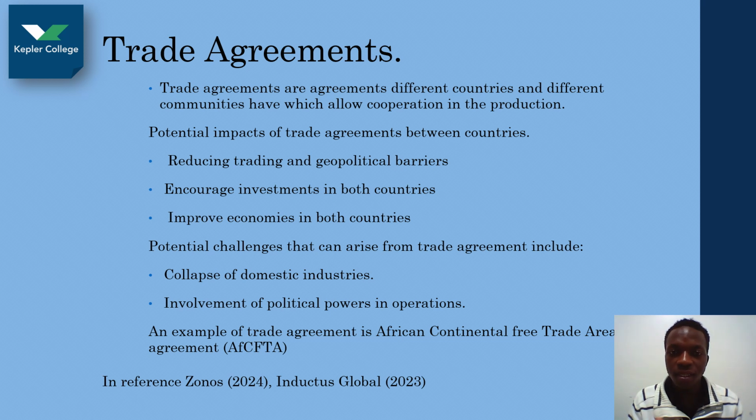And also, this trade agreement encourages investments in both countries. So if Rwanda today has an agreement with Angola, this will help the country gain investors from Angola to come and invest in Rwanda, and also investors from Rwanda to go and invest in Angola, due to that simplification in terms of collaboration of industries.